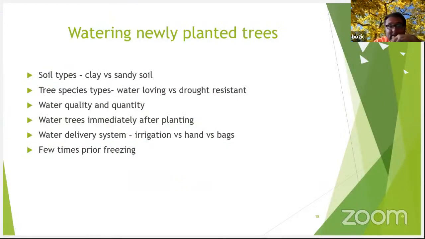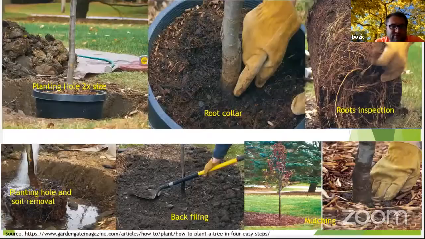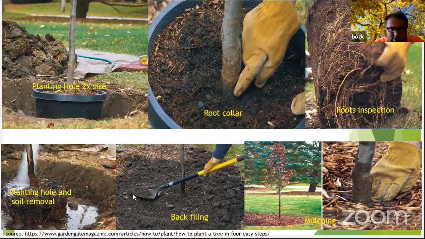Water quality, again: test your water for salinity. Make sure that there is no sodium in your water. Again, absolutely water trees after you plant. If you have irrigation, good. If you don't, hand watering. Again, water trees not close to the trunk. So when you plant this tree, don't put a hose here. No, put a hose on the furthest edges of this hole, around here.